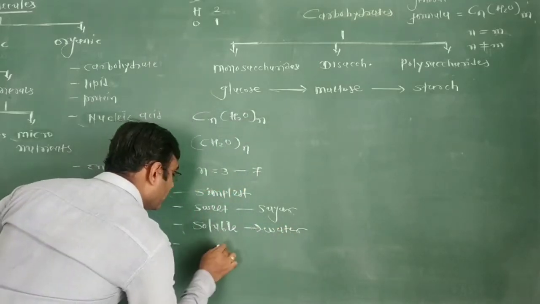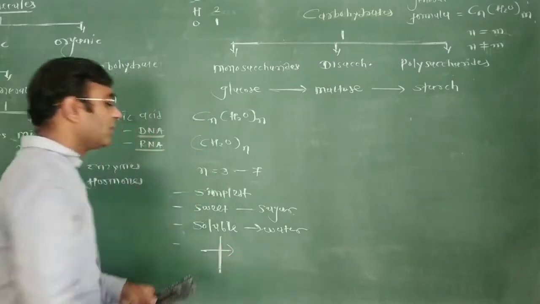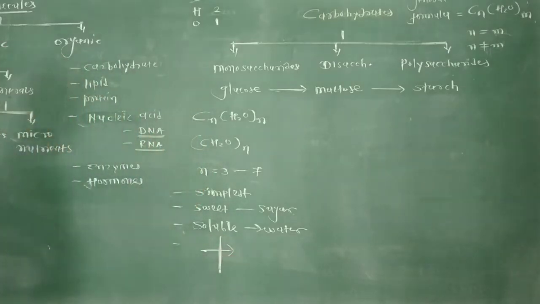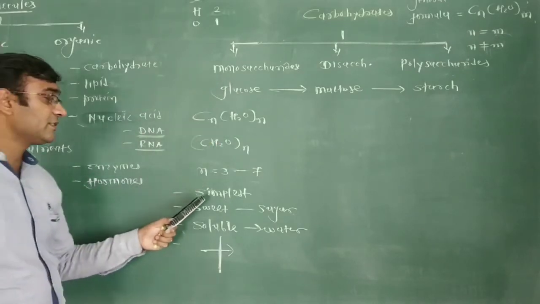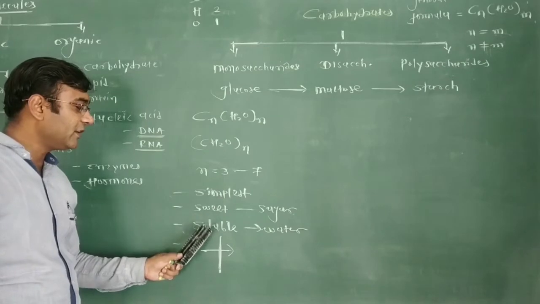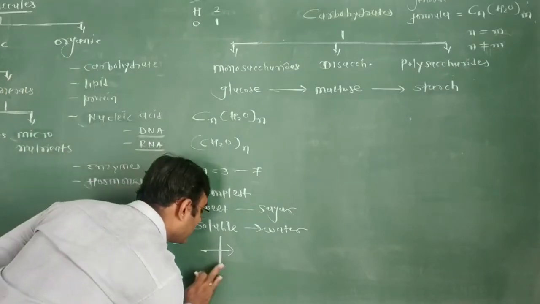As well as any monosaccharide easily crosses the plasma membrane because it dissolves in water. So the properties of any monosaccharide are the same as sugar: sweet in taste, soluble in water, easily crosses the plasma membrane.